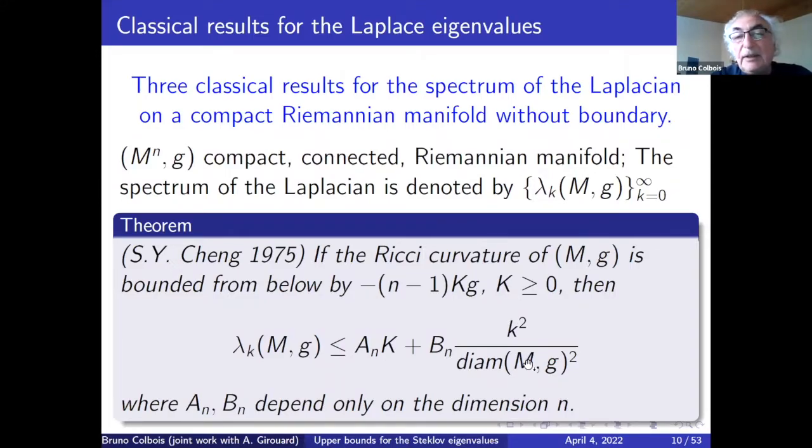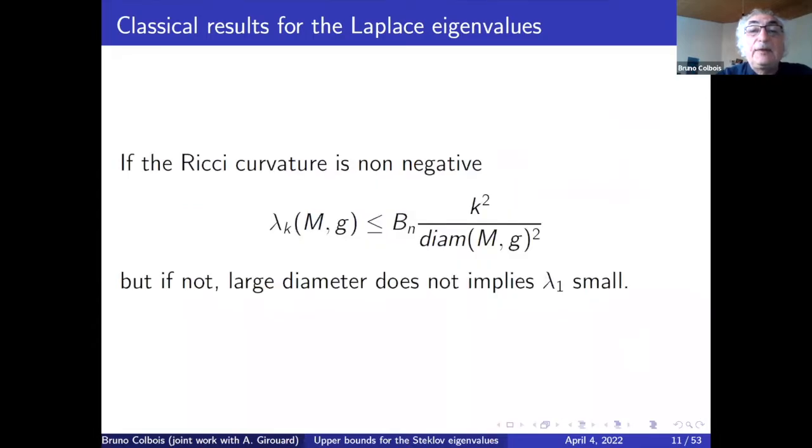But then the second term depends on k, divided by the diameter squared. So in particular, if the Ricci curvature is greater or equal to 0, you have this nice estimate here: lambda k less than a constant times k squared divided by the diameter squared.